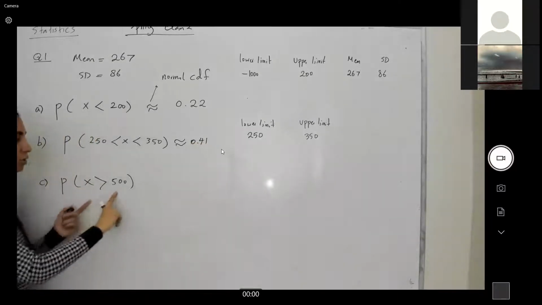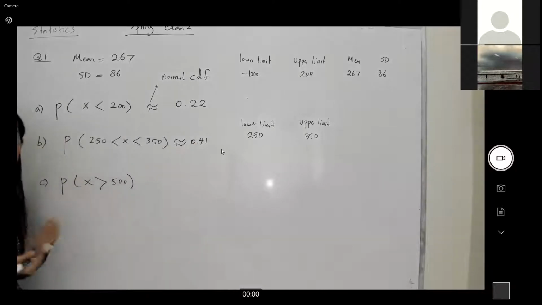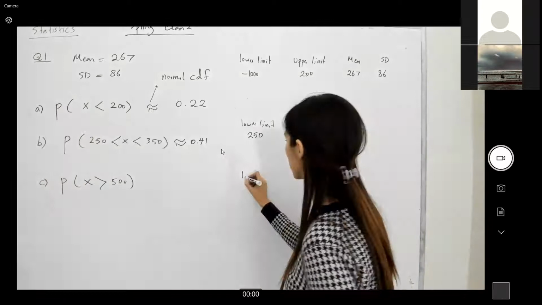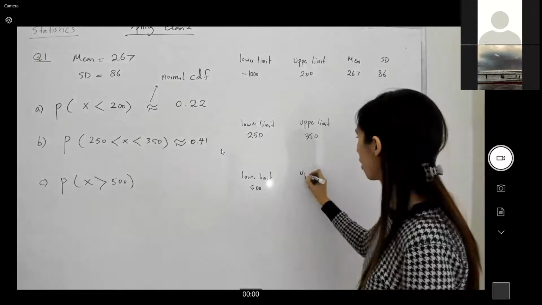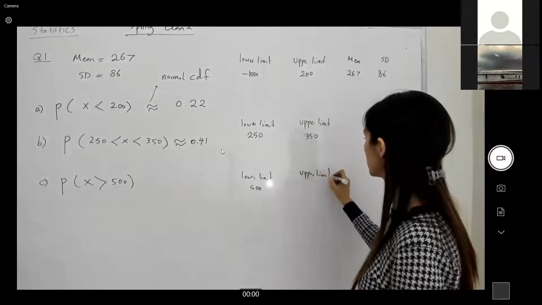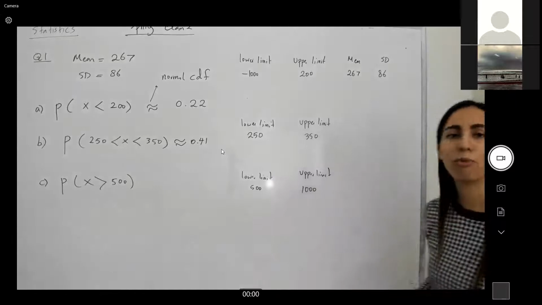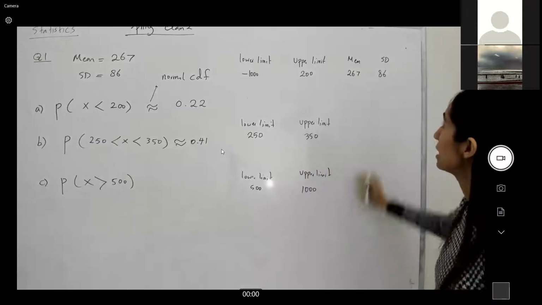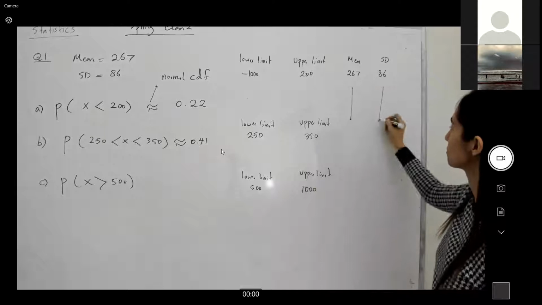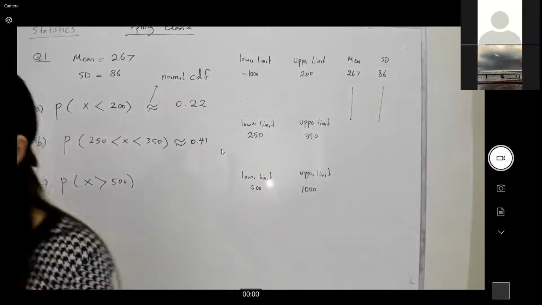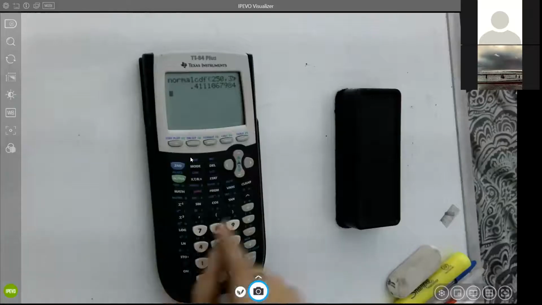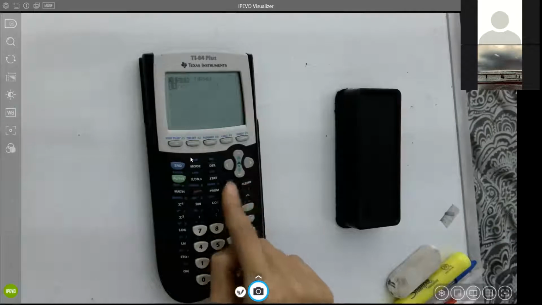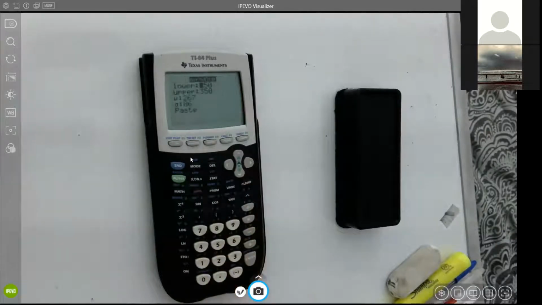Part C says your lower limit is 500, 500 and above. So your lower limit is 500. Your upper limit is positive 1,000, positive 10,000, mean the same, standard deviation the same. Now let us use our calculator. Second, bars, normal CDF, 500.